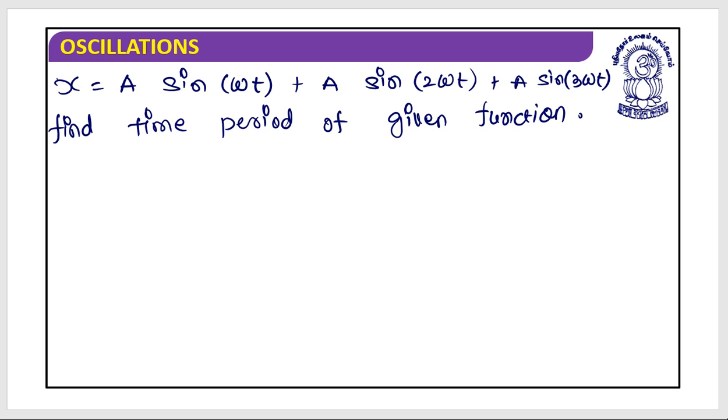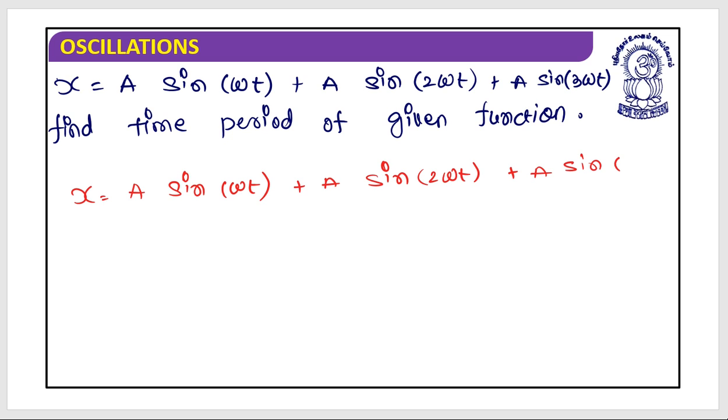So basically this is the combination of three functions. First, a sin ωt; second, a sin 2ωt; and third, a sin 3ωt.